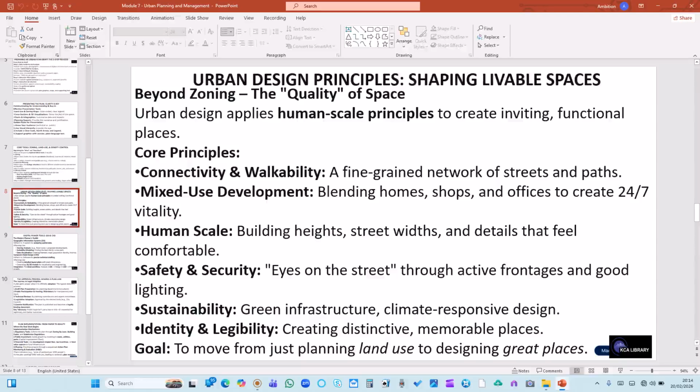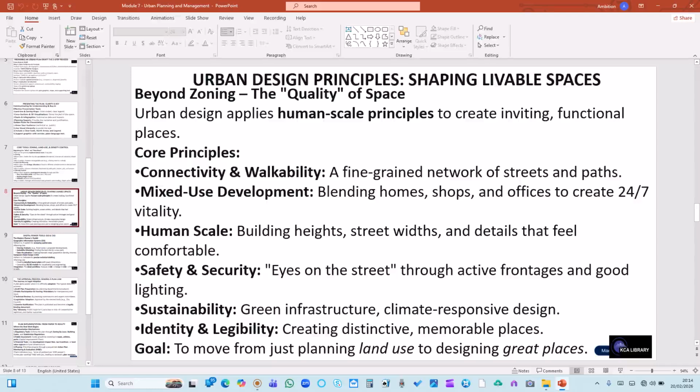Connectivity and walkability state that there should be a fine-grained network of streets and paths. So an urban area should be designed in such a way that markets are connected to where people are living, and there should be walkable paths. Number two principle is mixed use development, which involves blending homes, shops, and offices to create 24/7 vitality of a town. So there should be mixed use development.